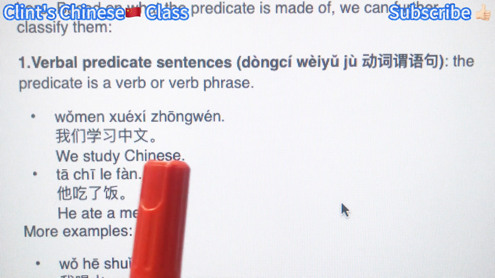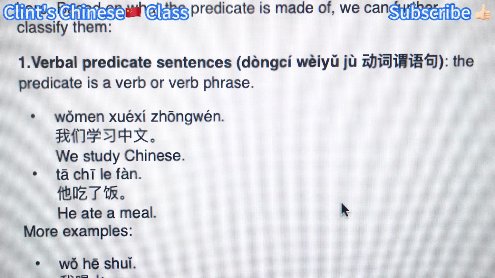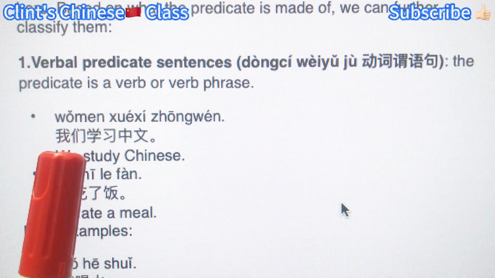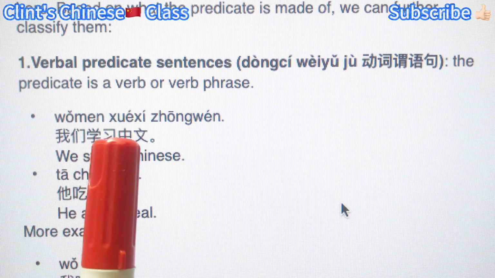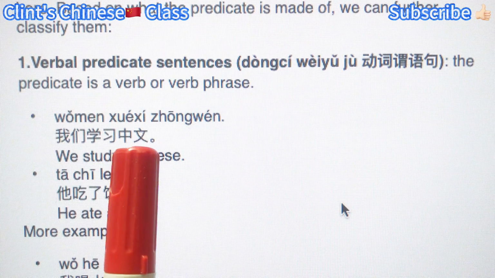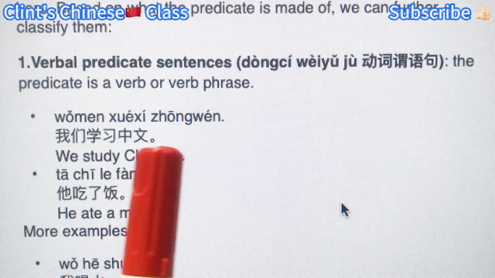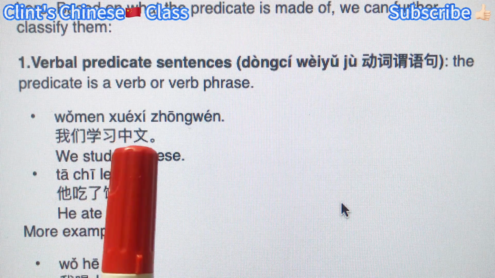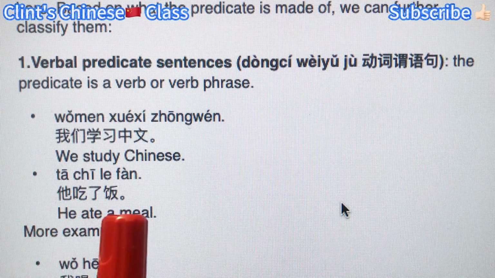We study Chinese. 我们学习中文. So subject is 我们, we, 学习 the verb, predicate. 中文, Chinese, which is the object, right? So this is the typical or standard SVO structure.